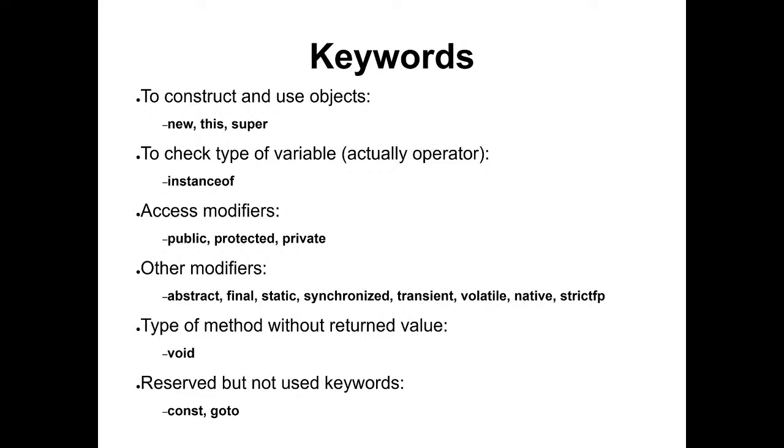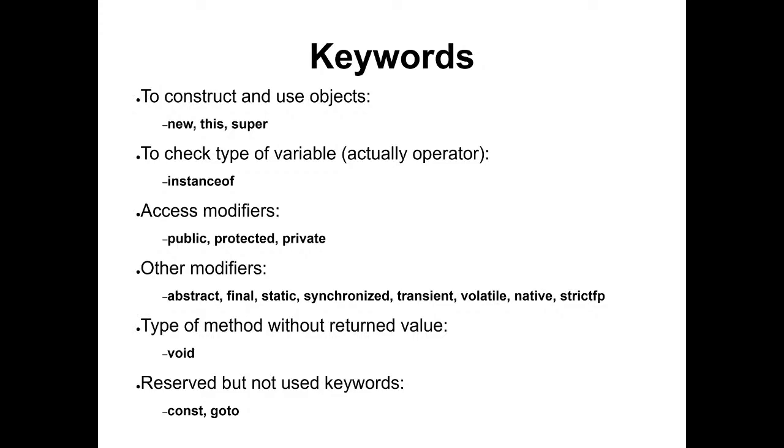And yes, to construct and use objects, we use new to create a new object. This points to the current object we are in when we write the code. I mean, when you write a statement, it points to the object the statement is called from.